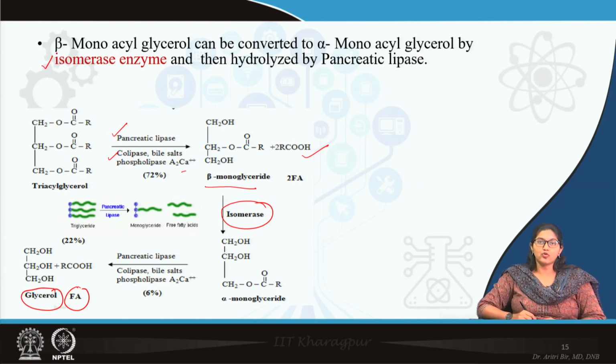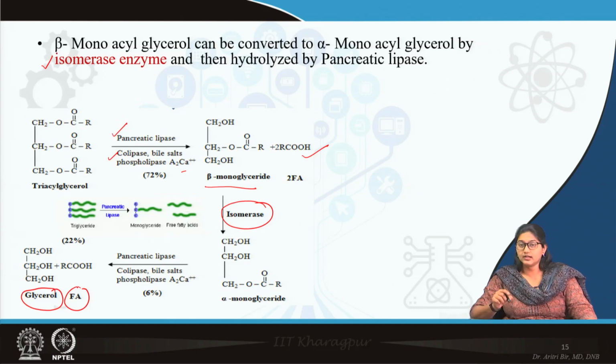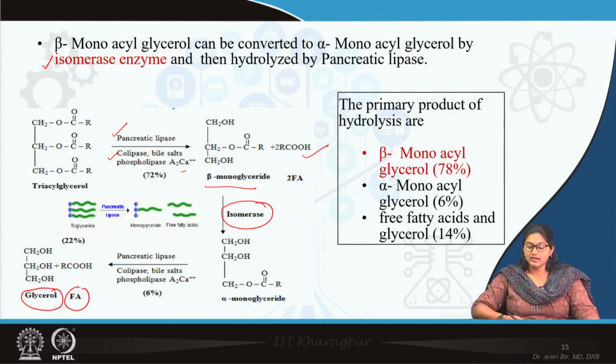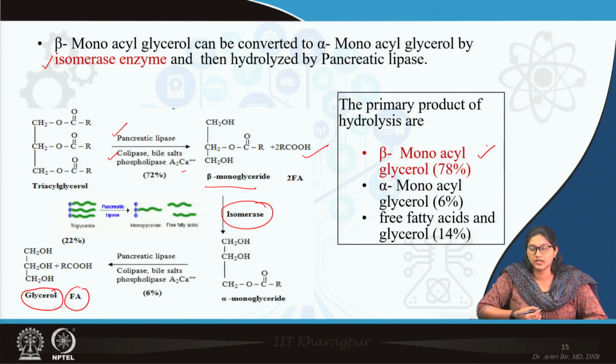So, this is the end product of triglyceride breakdown by pancreatic lipase: around 78% of the breakdown product is beta monoacylglycerol, then there is also alpha monoacylglycerol, and the least is free fatty acid and glycerol, the complete breakdown product.